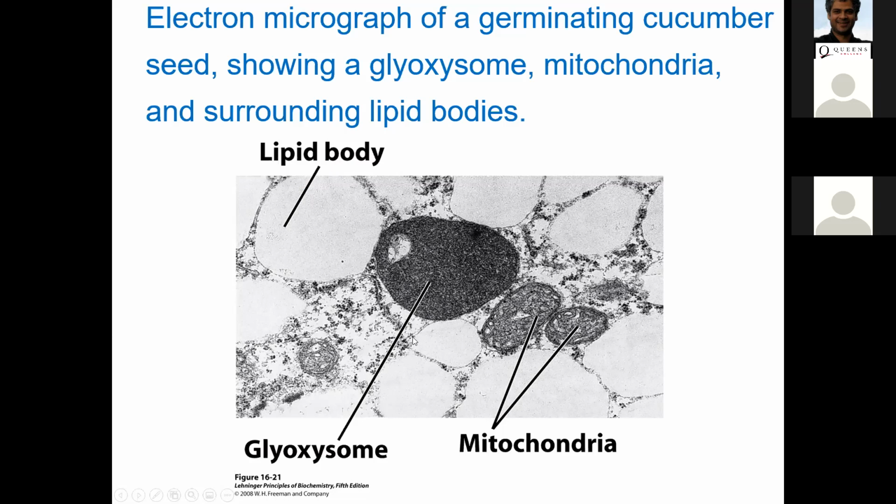It sits right in the middle. So it can cross talk with both the lipid body as well as mitochondria. It's absolutely fascinating. Think about how cool this is. Each glyoxysome is surrounded by lipid body and mitochondria. It's making contact. How is that useful?